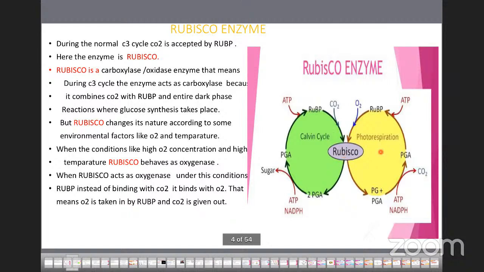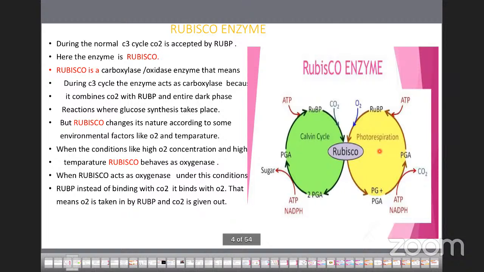Whereas in photorespiration, RuBP combines with oxygen in the presence of RuBP oxidase. Whereas in the Calvin cycle, carbon dioxide binds with RuBP in the presence of Rubisco or RuBP carboxylase enzyme. Why? Because CO2 binds with RuBP, for this carboxylase is needed.